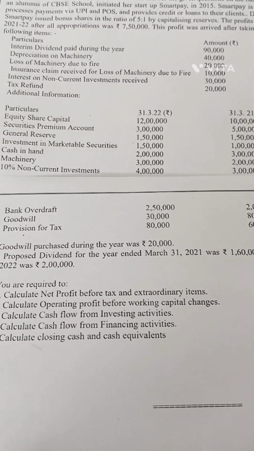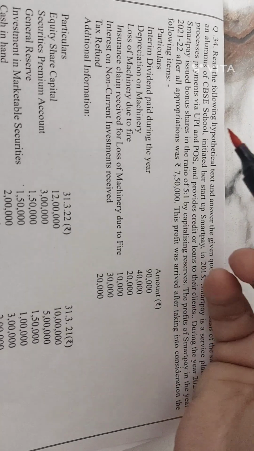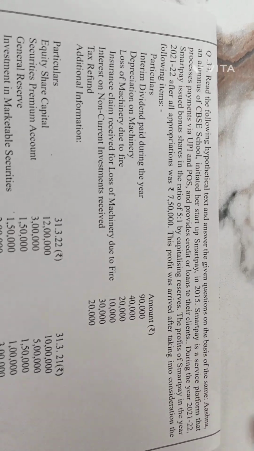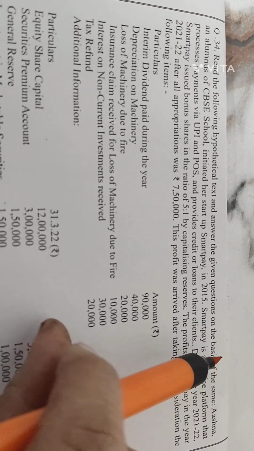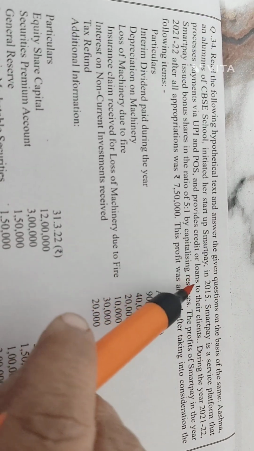What's there in the question? The question says: read the following hypothetical text and answer the given questions on the basis of the same. Ashna, an alumnus of a CBSE school, initiated her startup SmartPay in 2015.